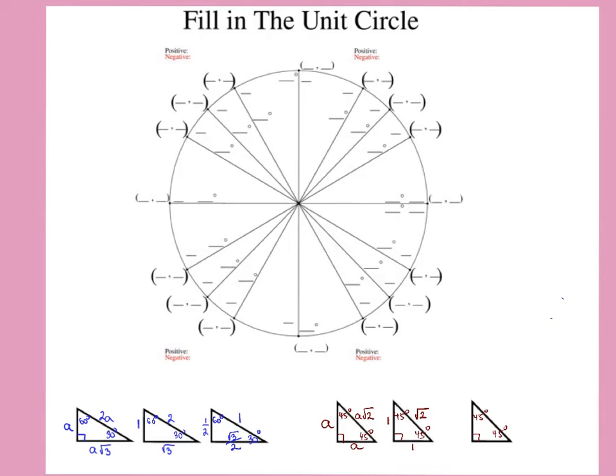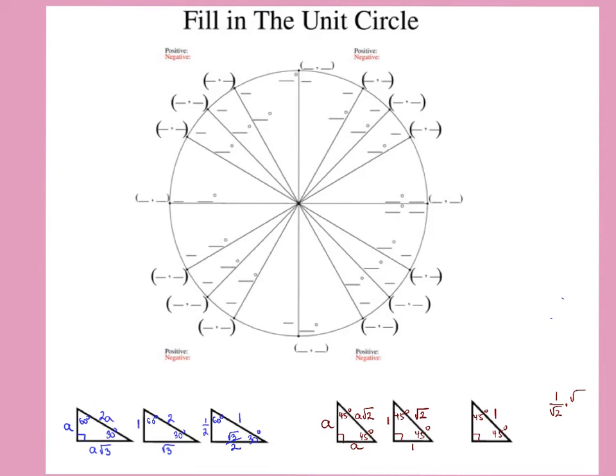And then for the last one, again, I'm going to use the hypotenuse to be the radius. So I want that to be 1 unit long. That means my side length is going to be 1 divided by square root 2.